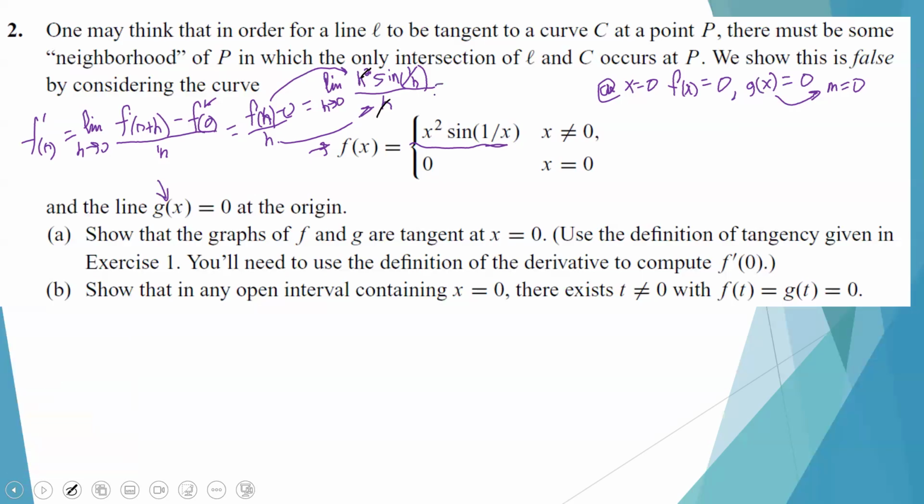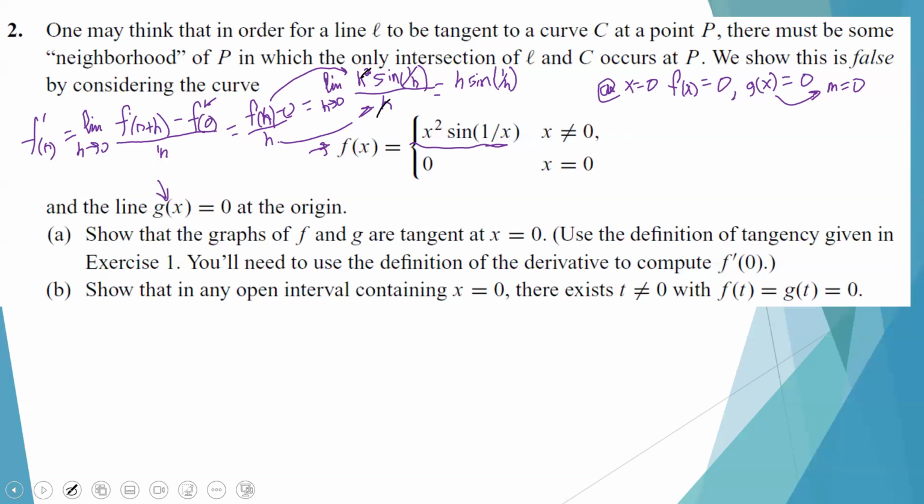h sine of 1 over h. And this is the limit as h approaches 0, which we're trying to show should equal 0.